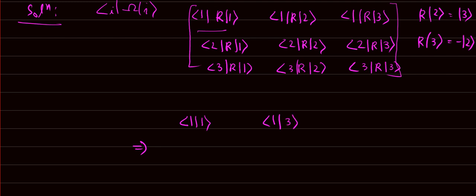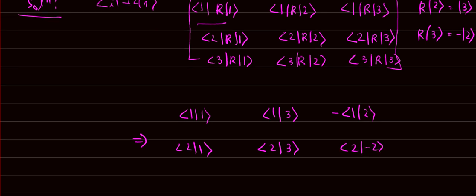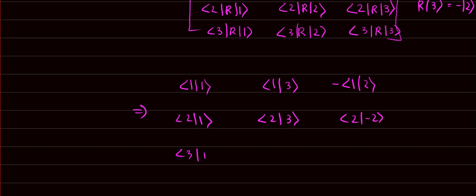The third one will be minus 1 inner product with 2. 2 inner product with 1, 2 inner product with 3, 2 inner product with -2, 3 inner product with 1, 3 with 3, and 3 with -2.